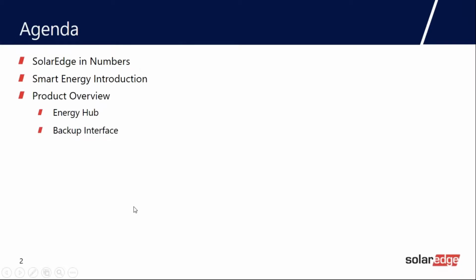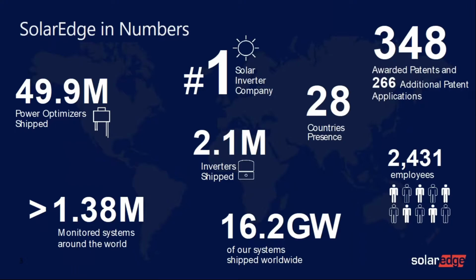So first I'm going to talk a little bit about SolarEdge, then we're going to get into the meat and potatoes of the presentation, and then we're going to go through the product, okay? So first, if you didn't know who SolarEdge is, well, we're the number one inverter company, so hopefully you've heard of us. We've shipped almost 50 million power optimizers to date.